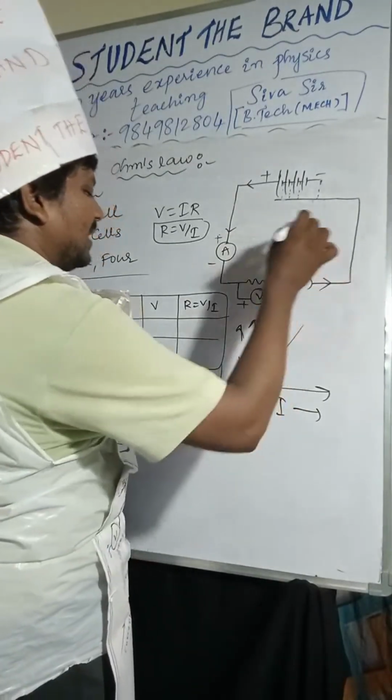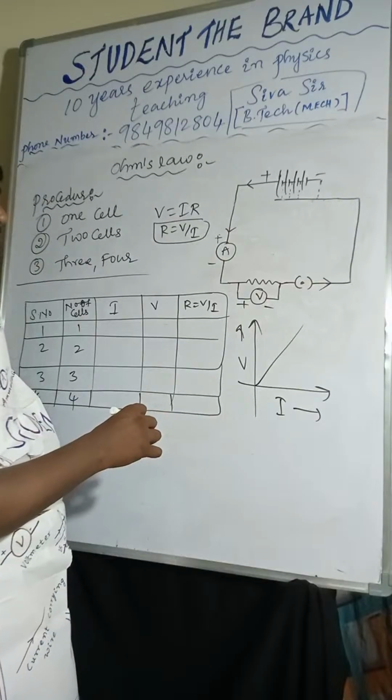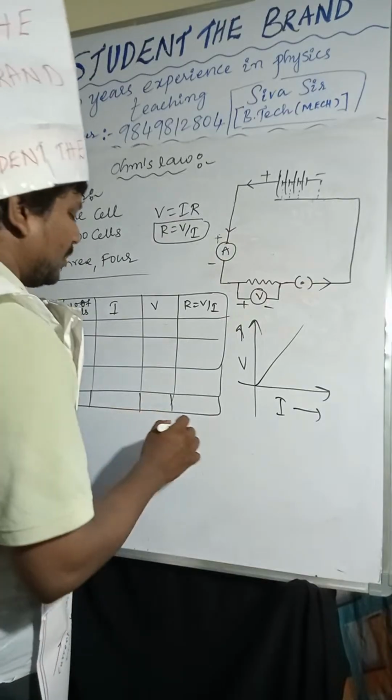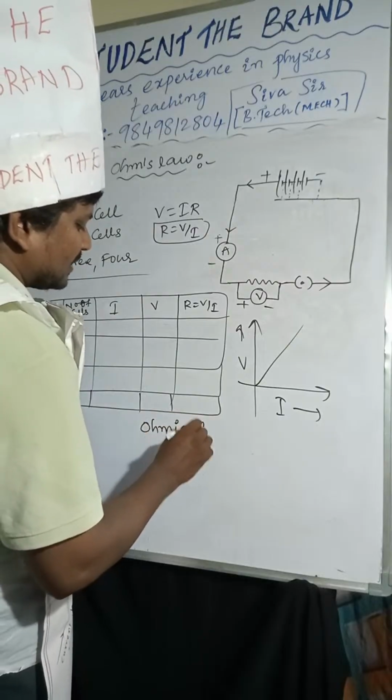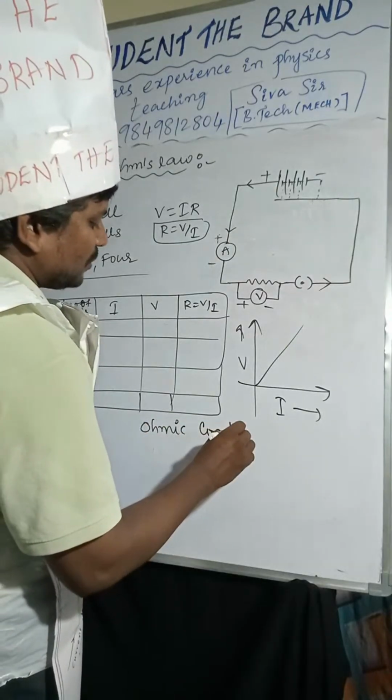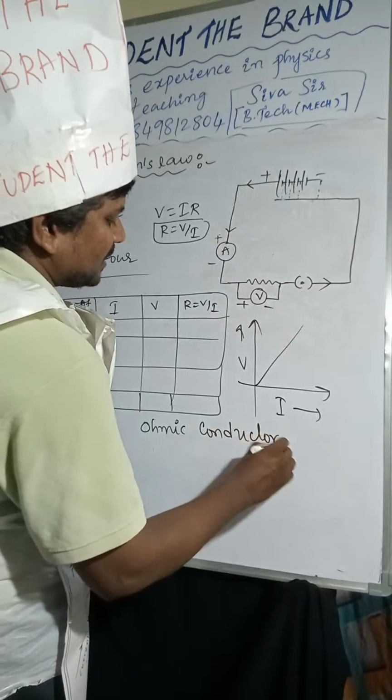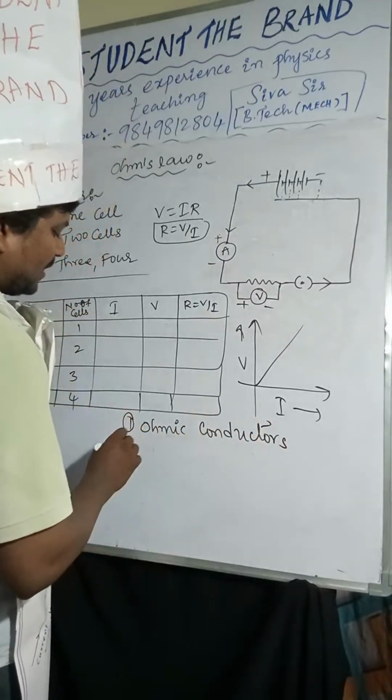If you draw the graph, the substances which obey Ohm's law are called ohmic conductors.